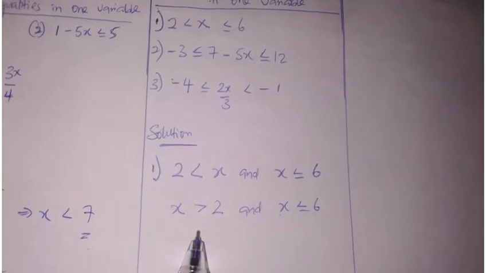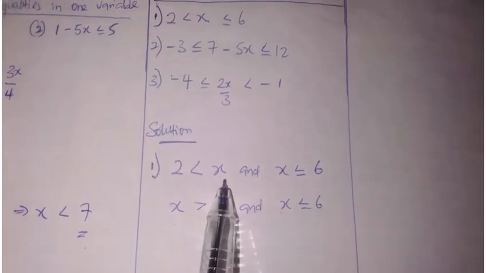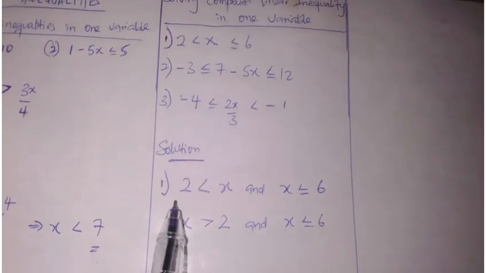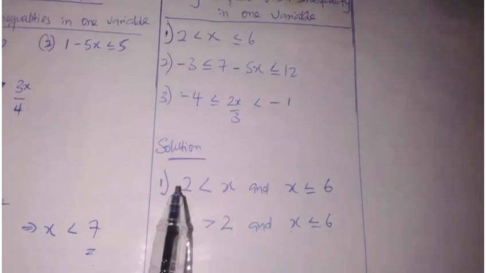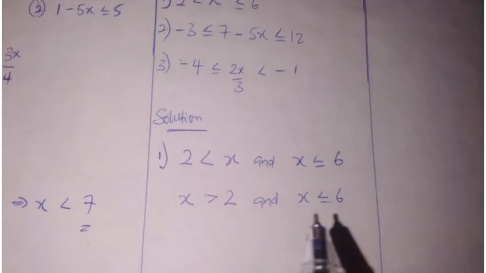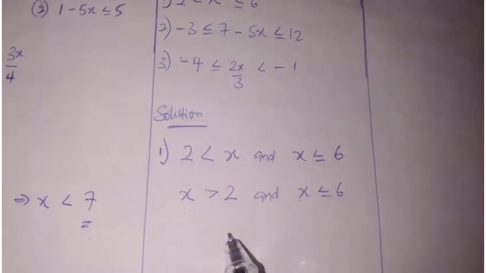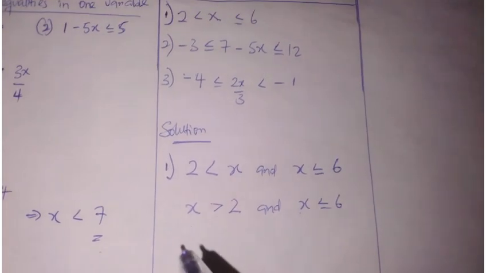Because of the law of inequality. If my x is here, which is the independent variable, and I want to switch it to this point, it will change direction. If it was here and I want to switch it here, it will also change. So that is what relatively happens, and I get my x as greater than 2. Okay, that's very simple.